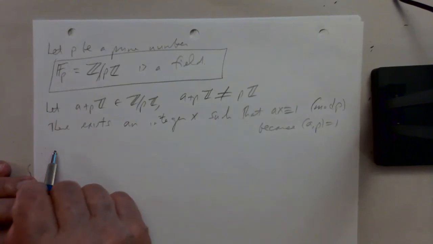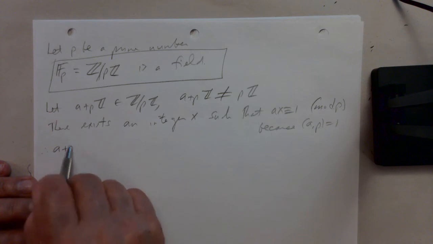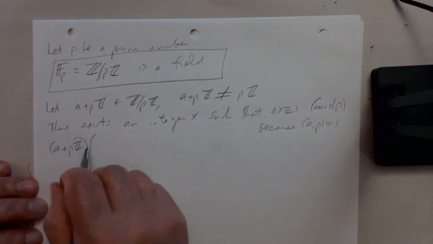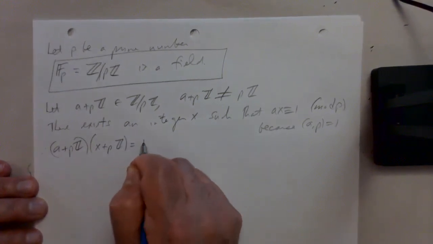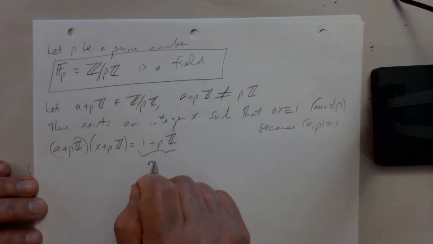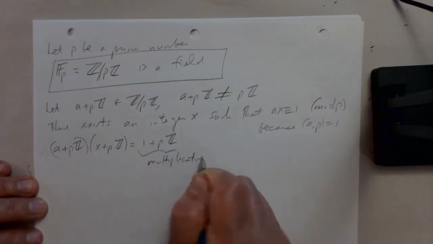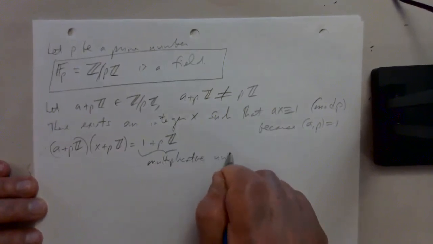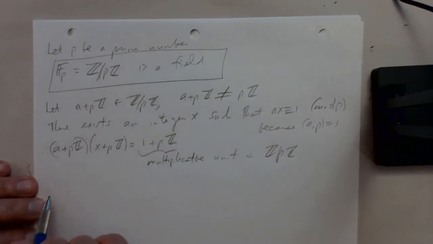So if I take the congruence class A plus PZ and multiply it by the congruence class X plus PZ, I get the congruence class 1 plus PZ, and 1 plus PZ is always the multiplicative unit in Z mod PZ.